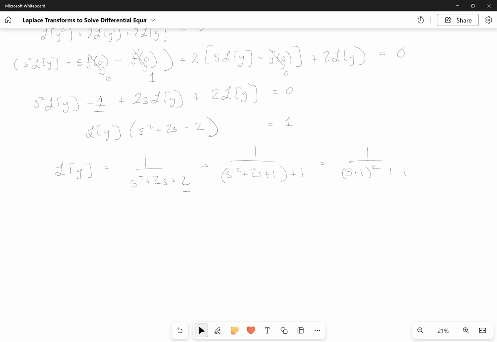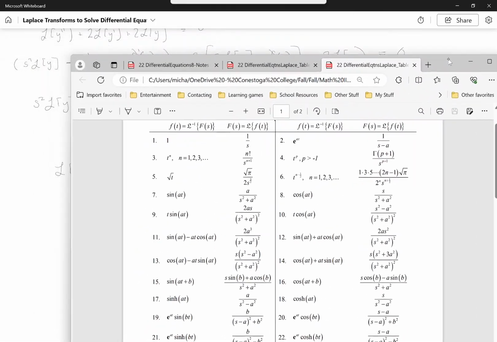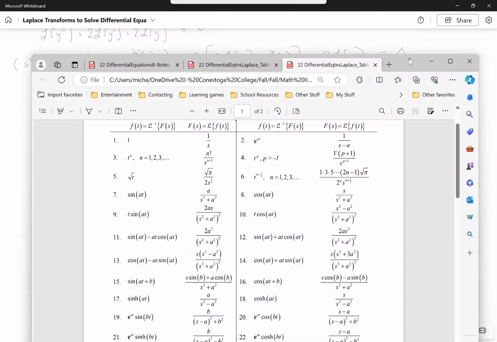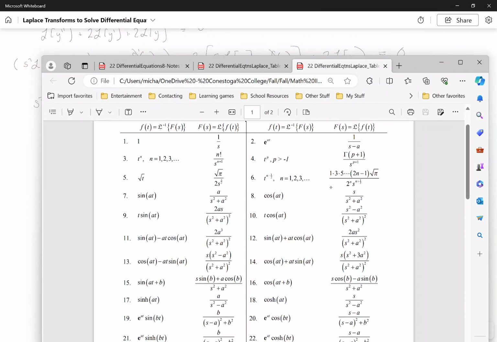Now, that is something that if you look carefully at the table, you can see this sine at. If a is 1 and s is replaced with s plus 1, what do we have here?